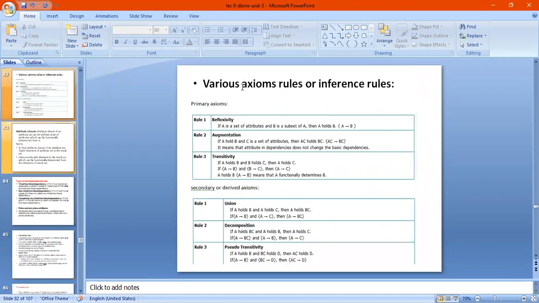The axiom rules and inference rules are primary axioms and secondary or derived axioms. Rule number one is reflexivity, number two is augmentation, and number three is transitivity.